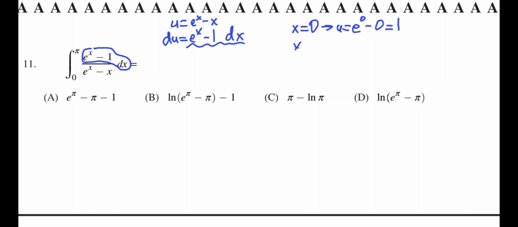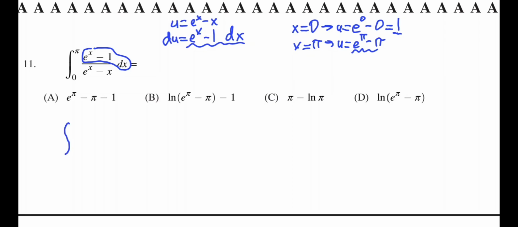Now the x bound of pi, the upper bound, let's plug that in as well. So u would be e to the pi minus pi, which cannot be further simplified. Okay, so now that we're ready for the substitutions, let's make all the subs. So we then end up getting the integral from, we no longer have 0 and pi.